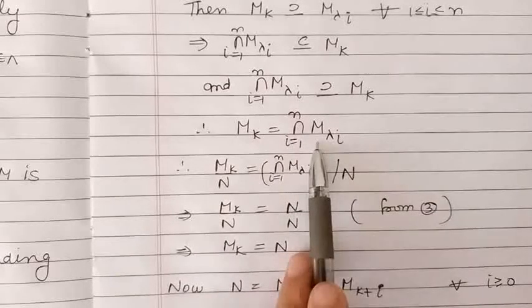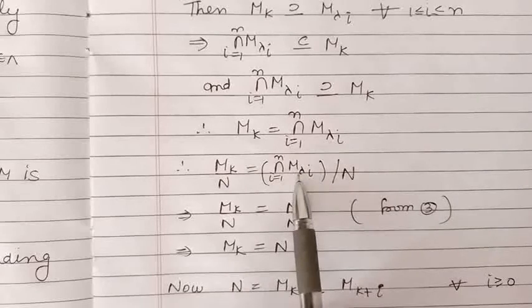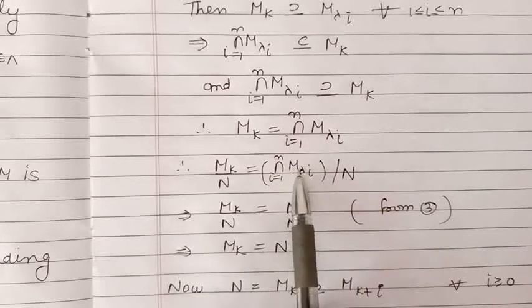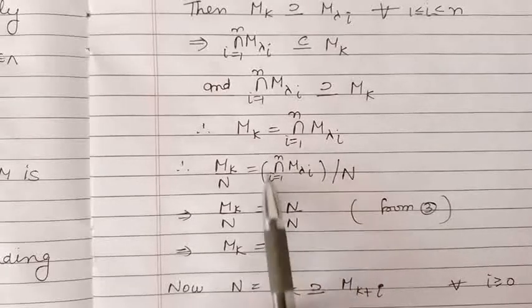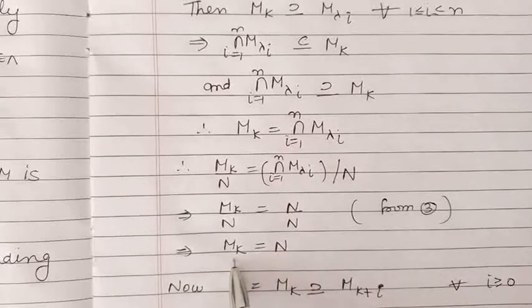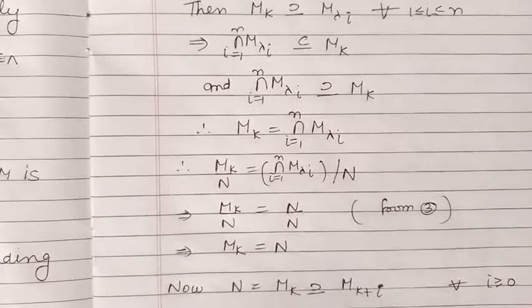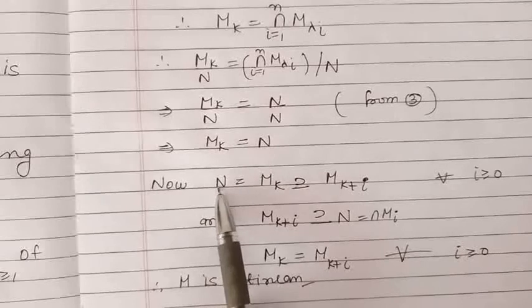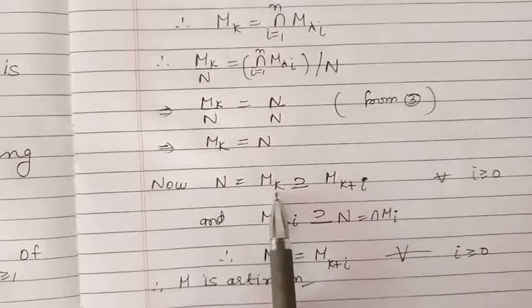And here we get the intersection of M lambda i upon N. Now from equation 3, the intersection of M lambda i is N. So this will become N by N. So from here we can say that the module Mk is equal to N. Now we have proved the module N is equal to Mk.